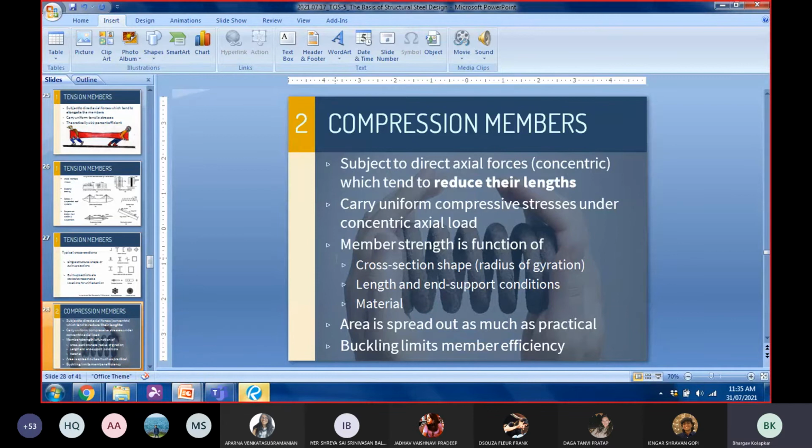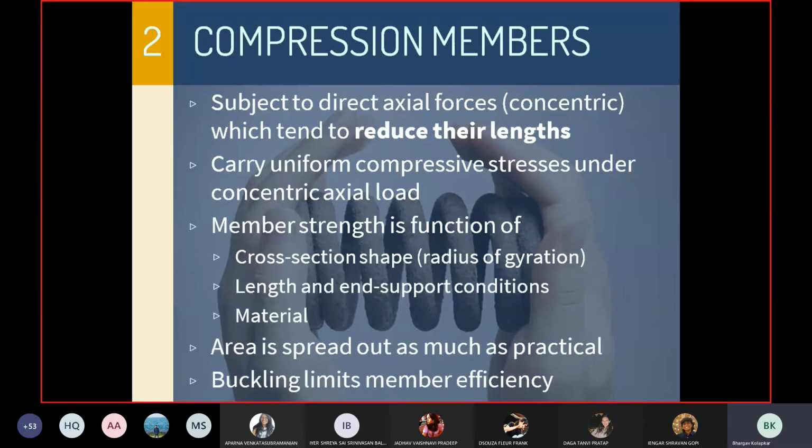The member strength is a function of cross-section shape. Again, I would go back to the first lecture wherein we discussed two parameters. One is modulus of elasticity, which is E, and another one is radius of gyration. I told you that modulus of elasticity is a measure of bending strength and radius of gyration is a measure of buckling strength.